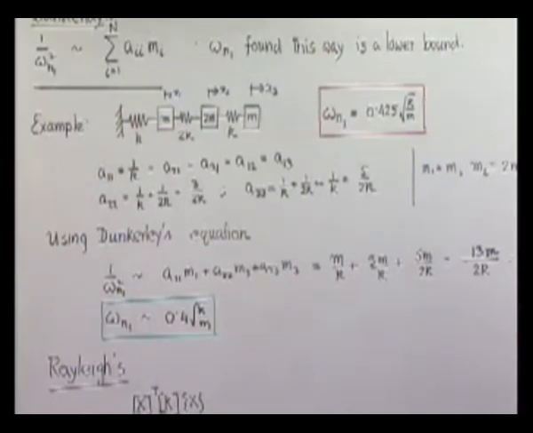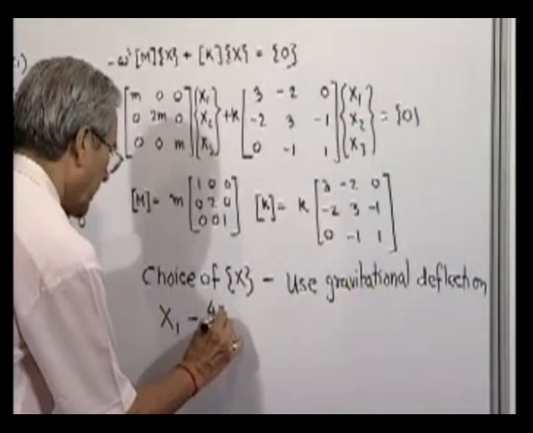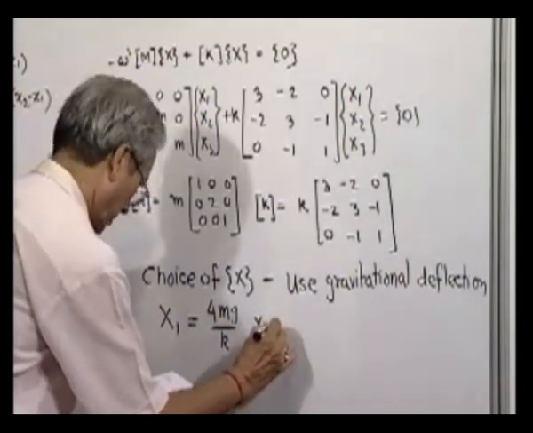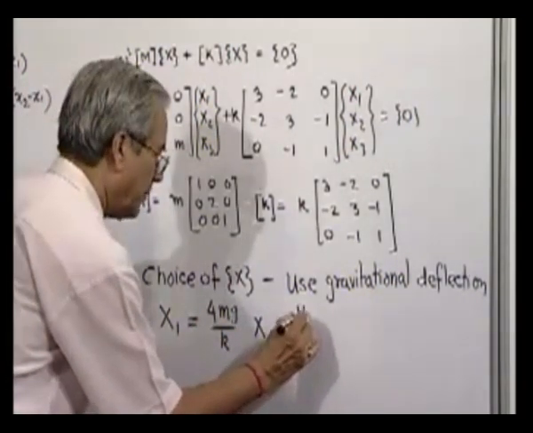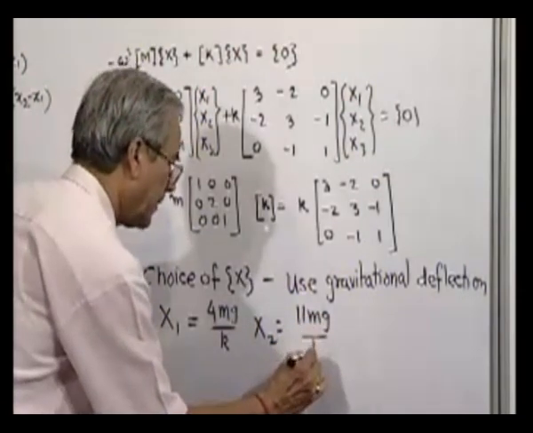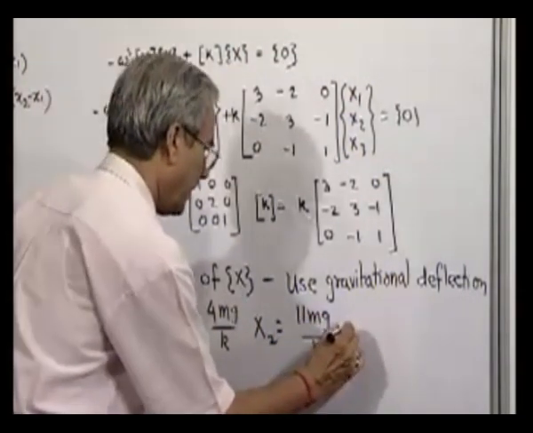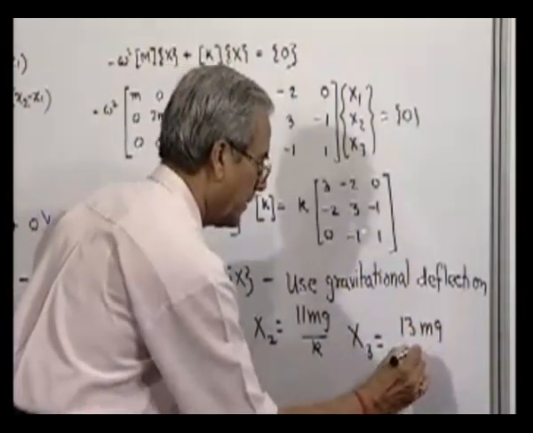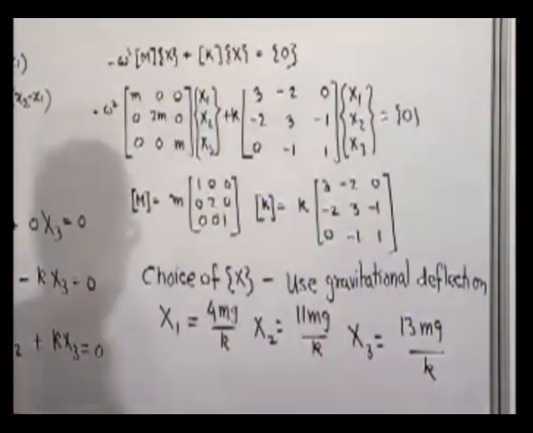So I will not do the detailed calculation. Here it will be 4 mg by k, x2 will be 11 mg by k, x3 will be 13 mg by k.